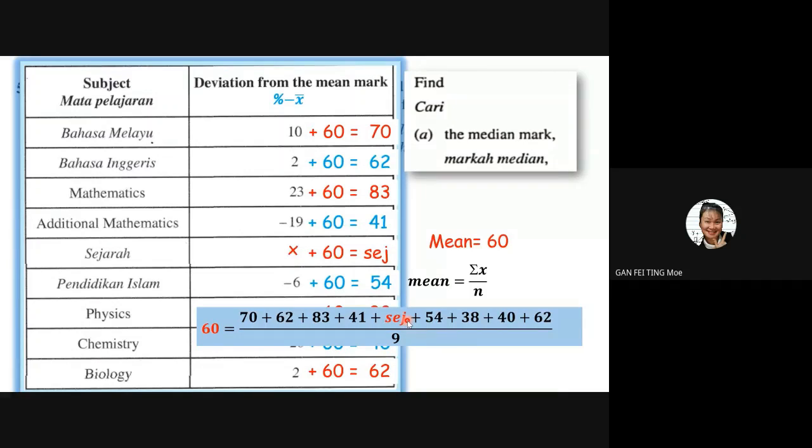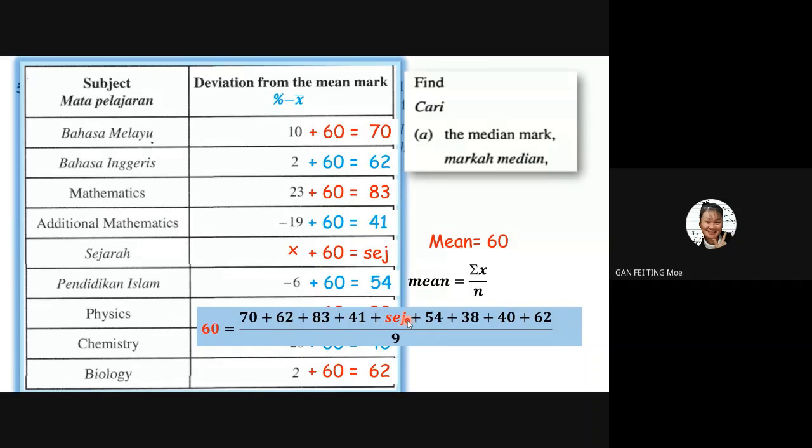So what is your sejarah marks? Who can tell me? Anyone? 90. Is that Avinash? Elisa, what's your jawapan? 90. Okay, 90. Very good.